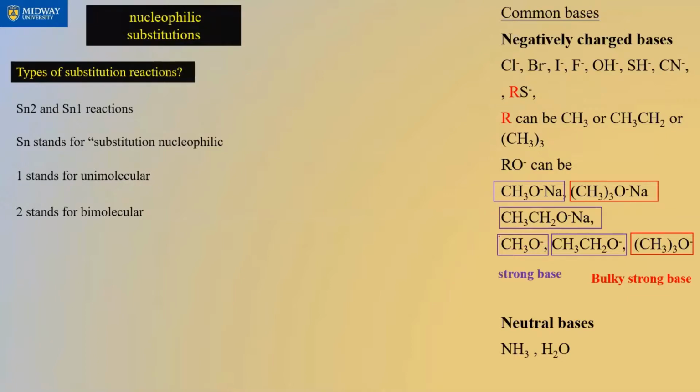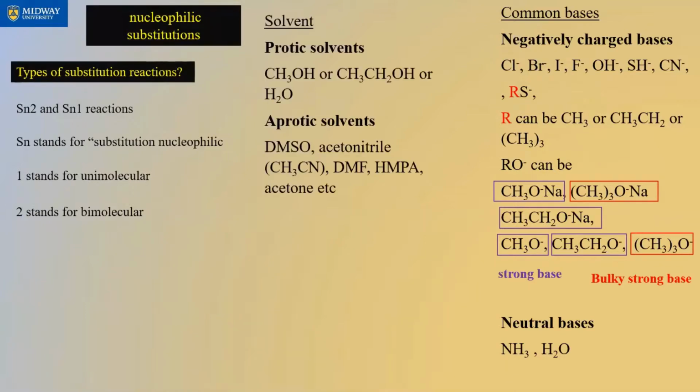Because I'm teaching the class, and you can get used to my learning style, but if you plan to sit for any professional exams, they may have it as CH3O minus or CH3O minus Na or CH3O minus K. Both of these mean the same. Sometimes they have the sodium, sometimes they have it without the sodium. So these are the strong bases. These are the bulky strong bases. And these are also some of the negatively charged bases. And we have some neutral bases, as I've already shown. Don't try to get in too much and think hard about these. It will become natural, and you do not have to necessarily memorize these, okay?